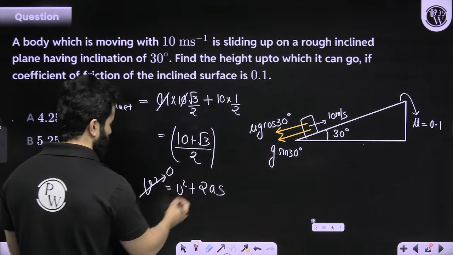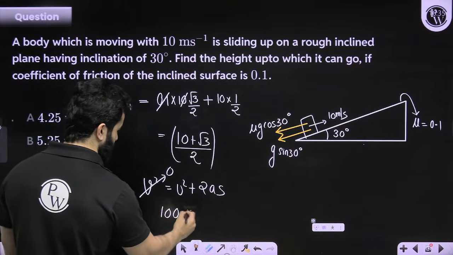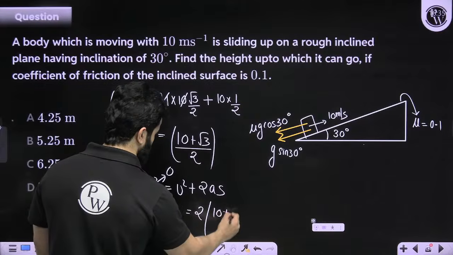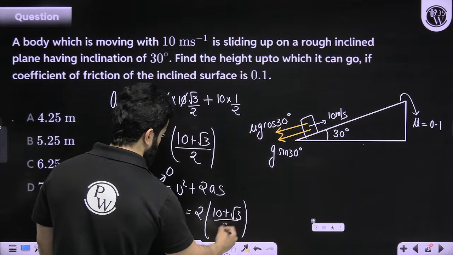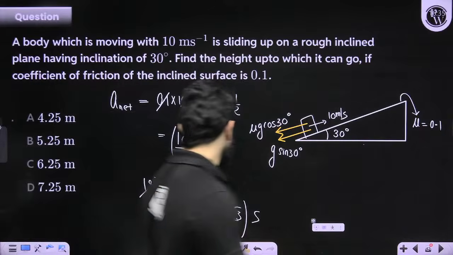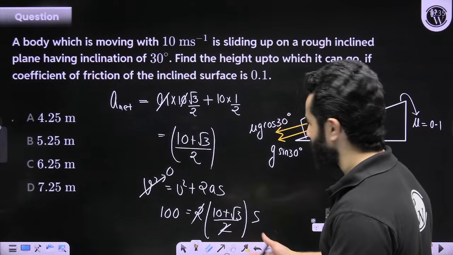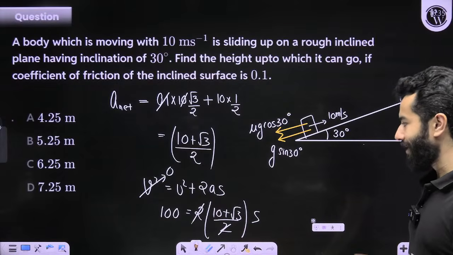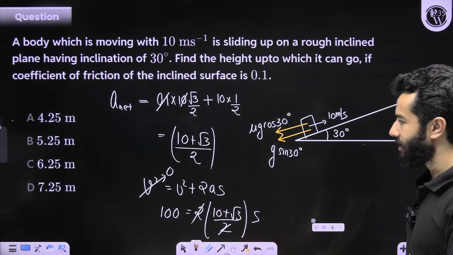V is 0, u is 10, that means 100 equals 2 times (10 plus root 3 divided by 2) times s. The 2s cancel out, and let's find 100 divided by 10 plus 1.7. So 100 divided is 10, so it is slightly less than 10.